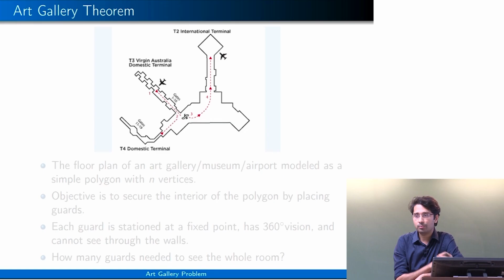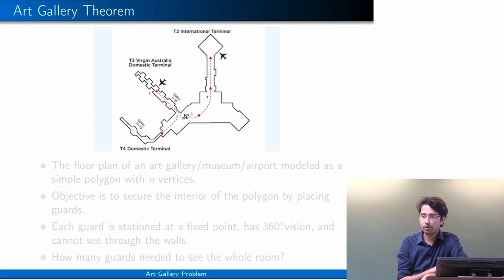You can think of this problem as follows: suppose you have a secure facility like an airport or a military base, or maybe an art gallery where there are very expensive paintings from all over the world, and your objective is to place certain guards so that you can guard the whole arena that needs to be guarded.